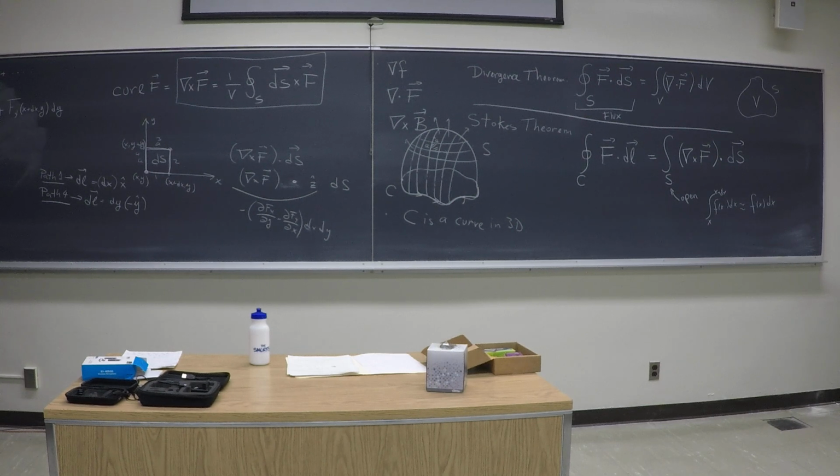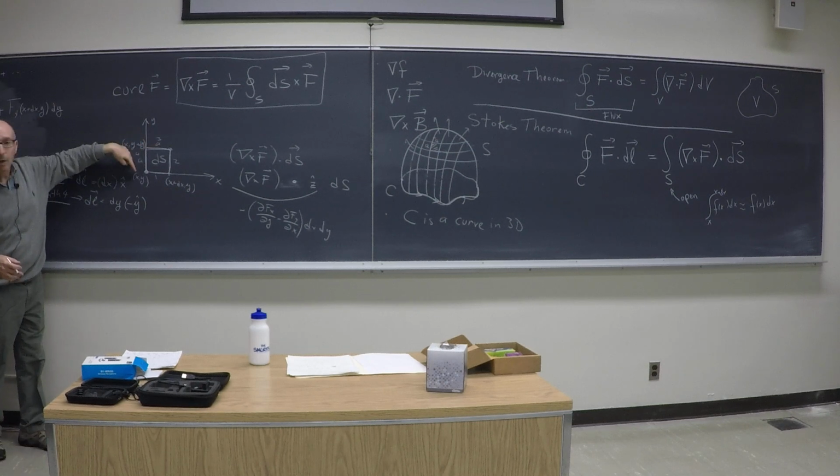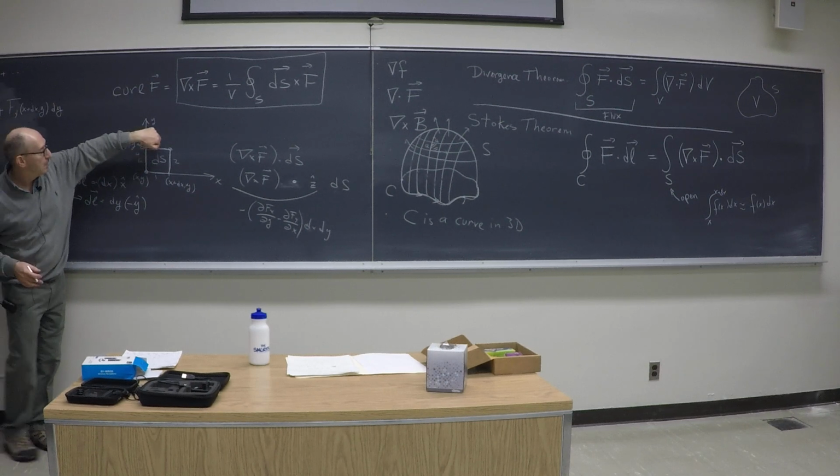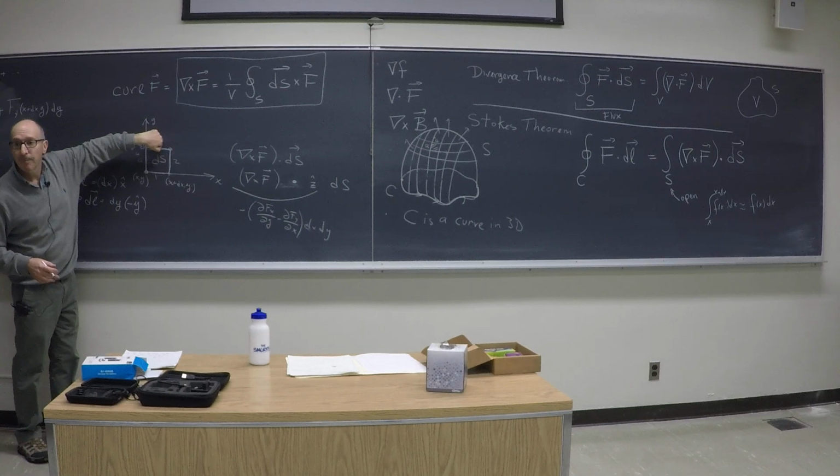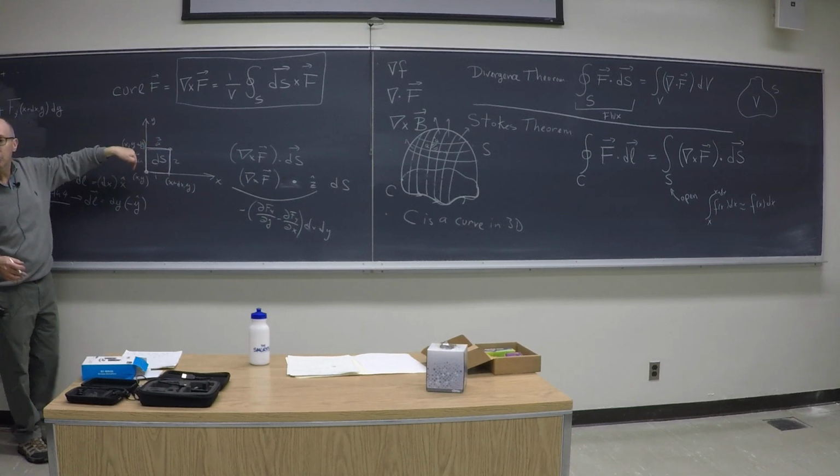Maybe I'm going a little bit fast, but you spend 2 hours on your own, and you can get together, etc., and try to reconstruct the argument. Okay. But so we get that, and then the other 2 terms are going to be the path 3 and 4. They will give me negatives because the top one points in the minus x direction and this one points in the minus y direction.